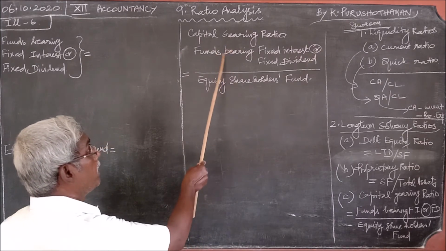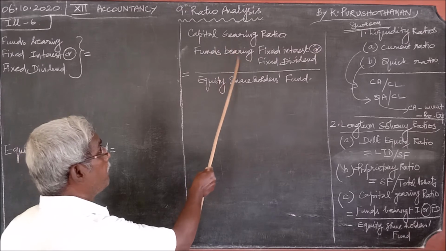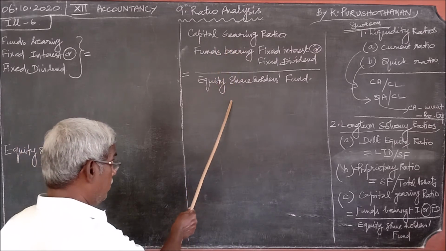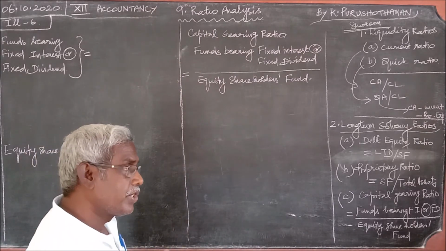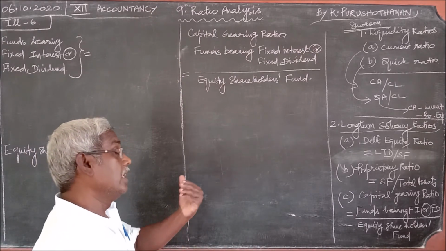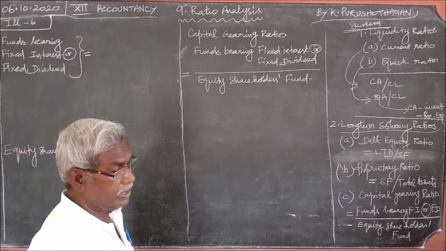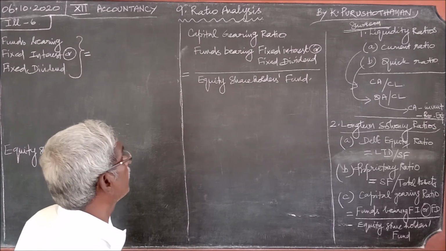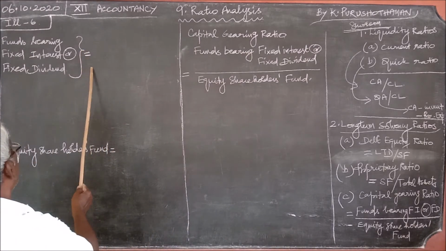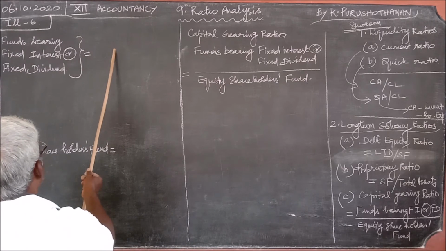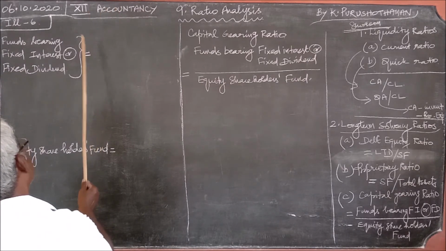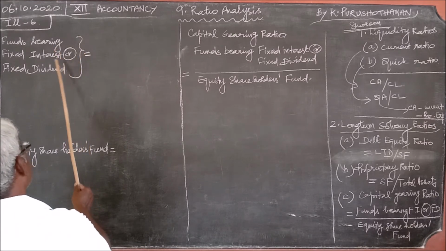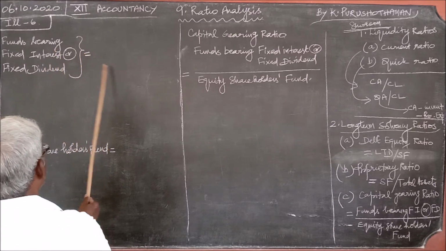Here for the numerator you should take only preference share. For the denominator, you should take only equity share, plus as usual reserves and surplus. Okay, understanding? Once again, I tell you. Here, what can you take? You can take preference shares, you can take debentures, because debenture carries fixed interest and preference shares carry fixed dividend.